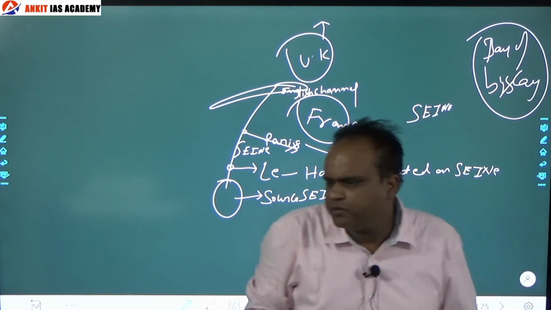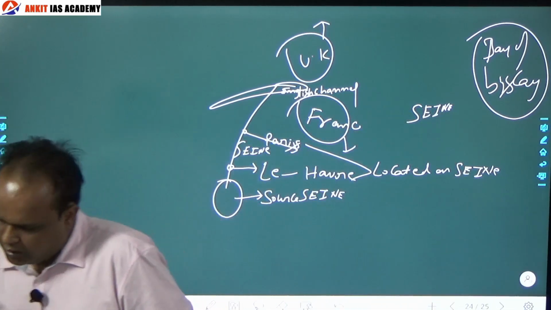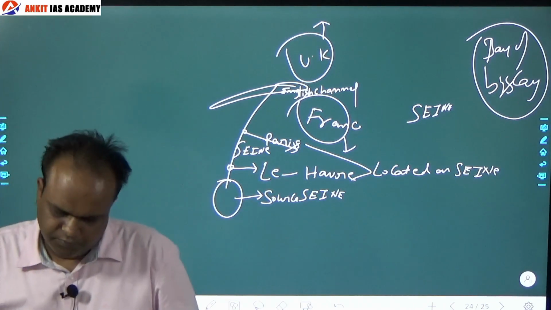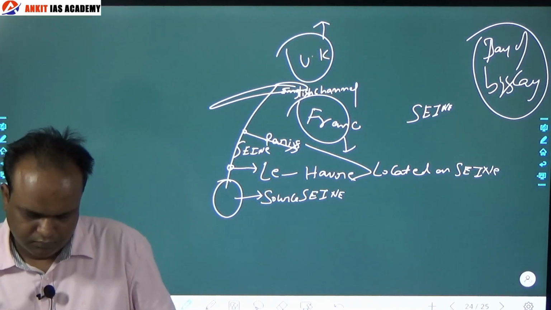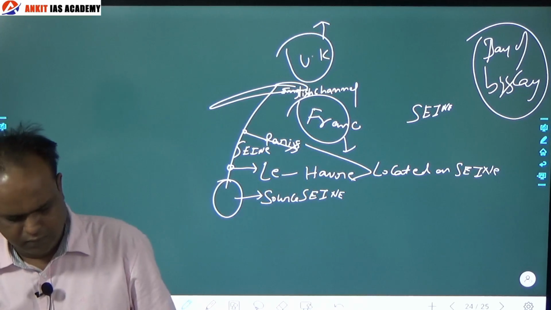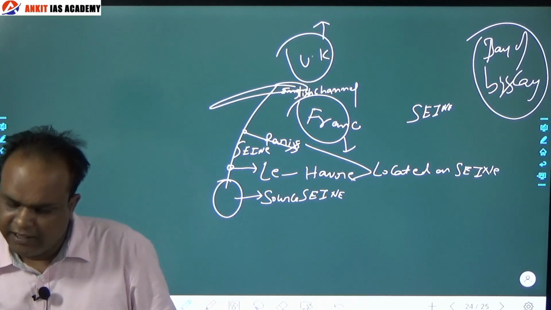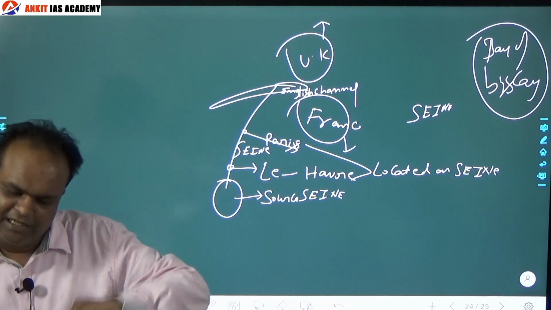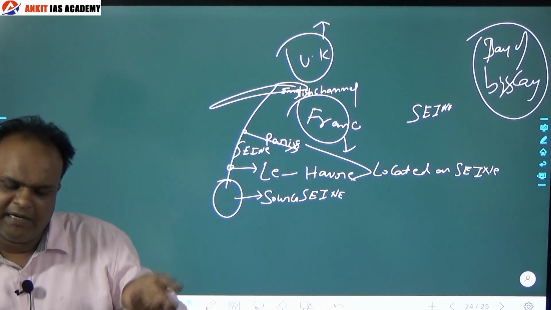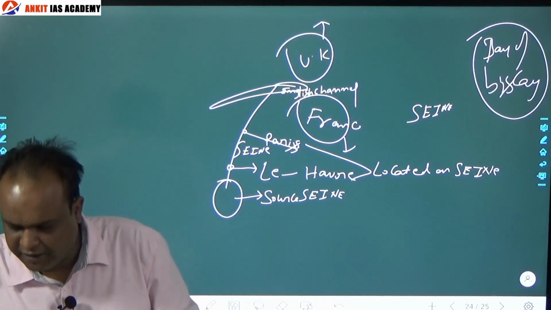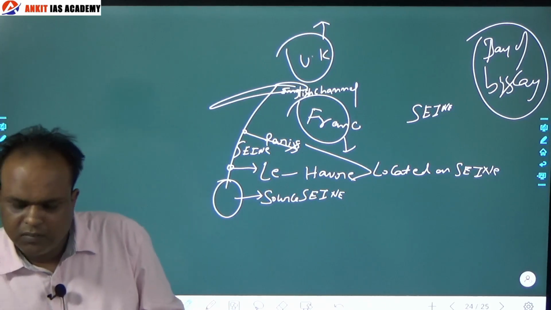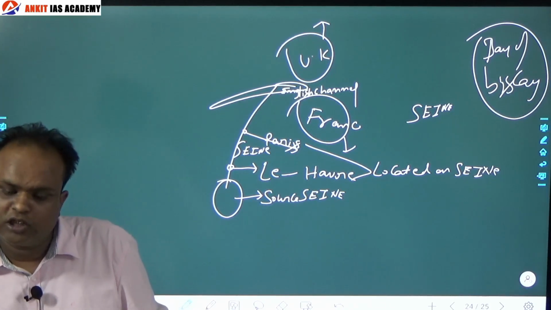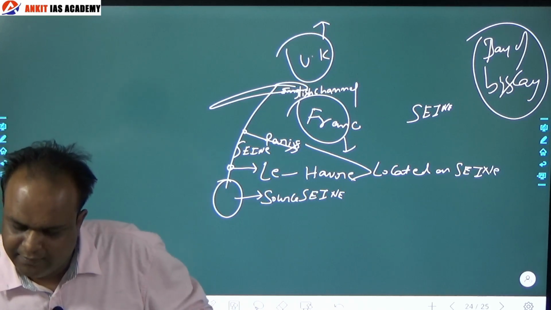Sometimes they will ask you a question. Highlight Seine River. It is available to the south of English Channel, which is located between Great Britain and France. Highlight North Sea also.